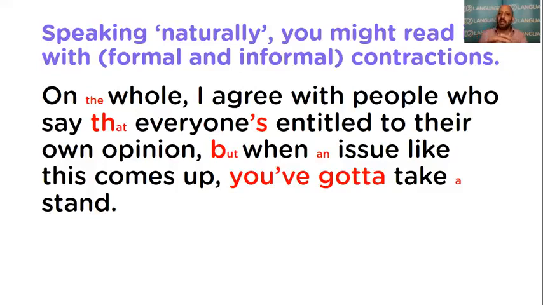You might diminish the sound depending on the words that come either side of that word. So that can be done in a formal contraction way. So you have becomes you've, everyone is becomes everyone's. So that's a normal contraction.